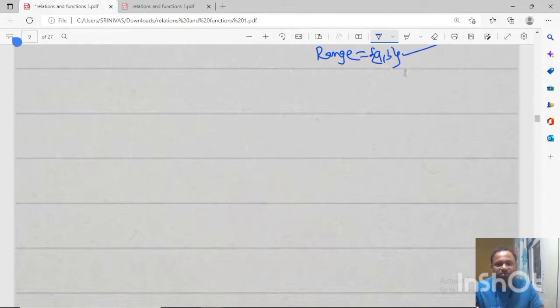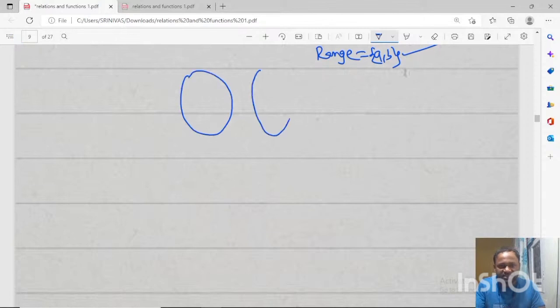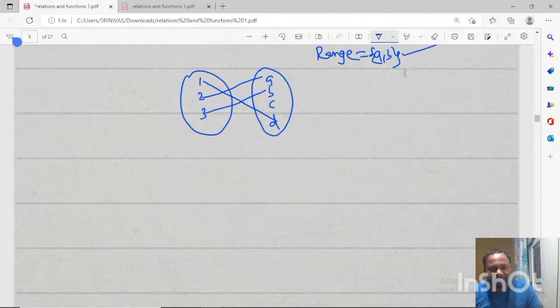Okay, so what is that? If I take like this, 1, 2, 3, A, B, C, D. I draw the relation: 1 to A, 2 to A, 3 to B. Okay, so now what will be the domain as well as range as well as codomain?